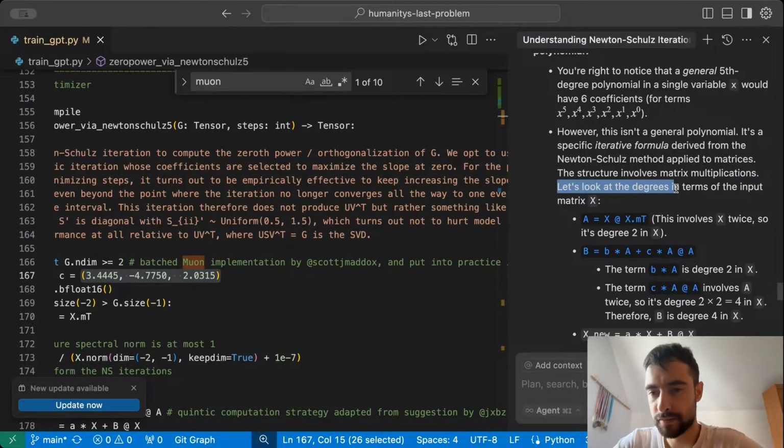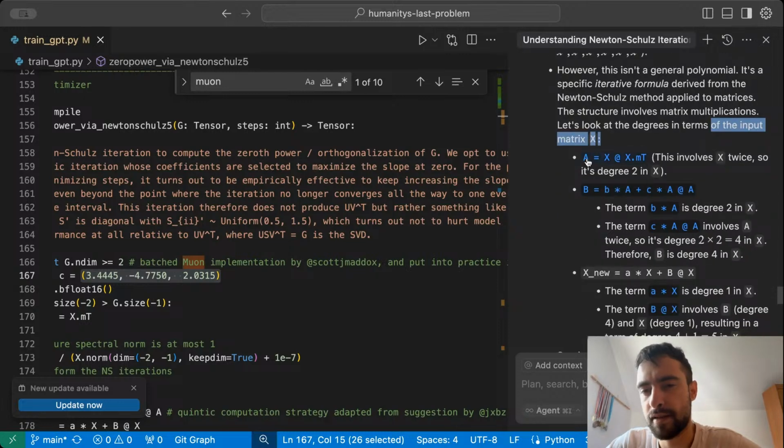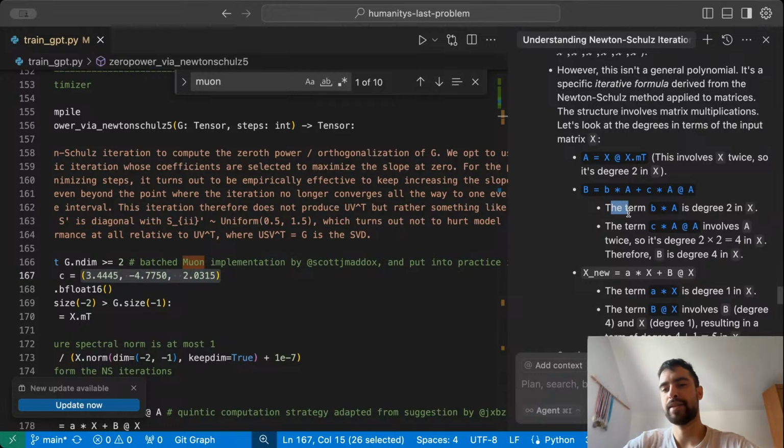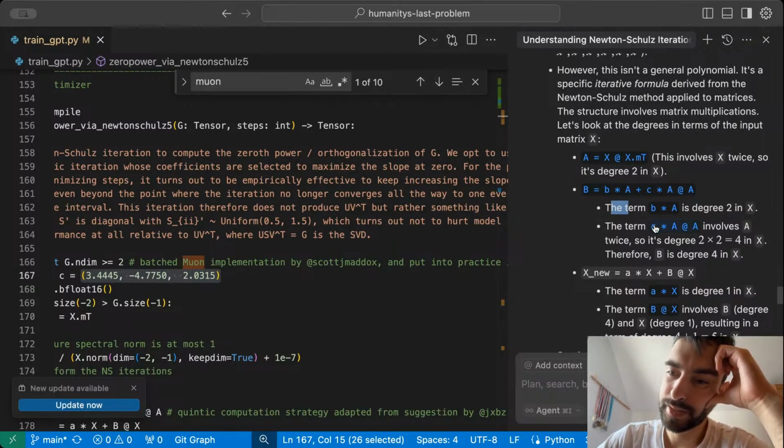Let's look at the degrees in terms of the input matrix X. This involves X twice, so it's degree 2 in X, okay. What is this dot empty? I don't know. The term B times A is degree 2 in X. Yeah, A is degree 2. The term C times A matmul A involves A twice, so it's degree 4.